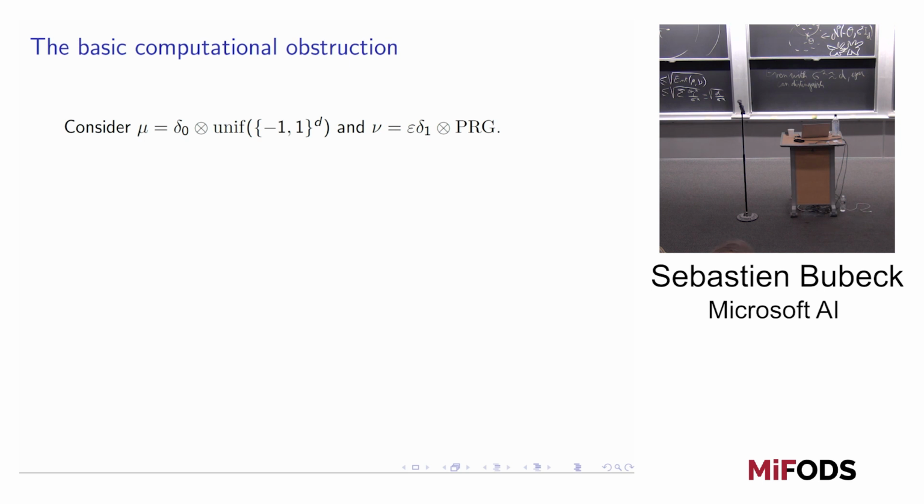If it's 0, it's class 0. If it's epsilon, it's class 1. But then you product it with a pseudo-random generator. A pseudo-random generator is exactly something that looks like a sample from the uniform distribution, but it's not. Information theoretically, it's very different, but computationally, you cannot distinguish it. Okay?